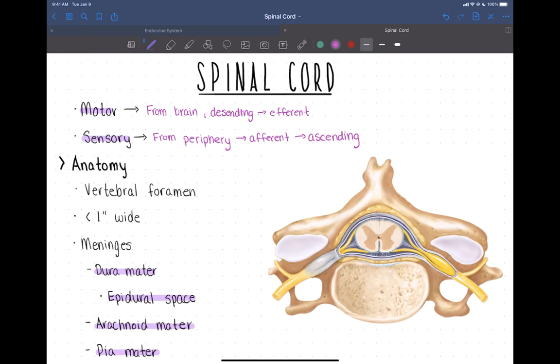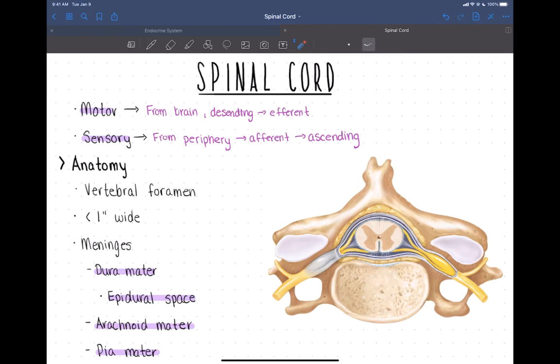It is approximately an inch or less than an inch wide, and it travels through the vertebral foramen of your vertebrae. If you remember, that's this big hole here in the middle of the vertebrae. It travels through that vertebral foramen, and it is surrounded, just like the brain, by meninges.